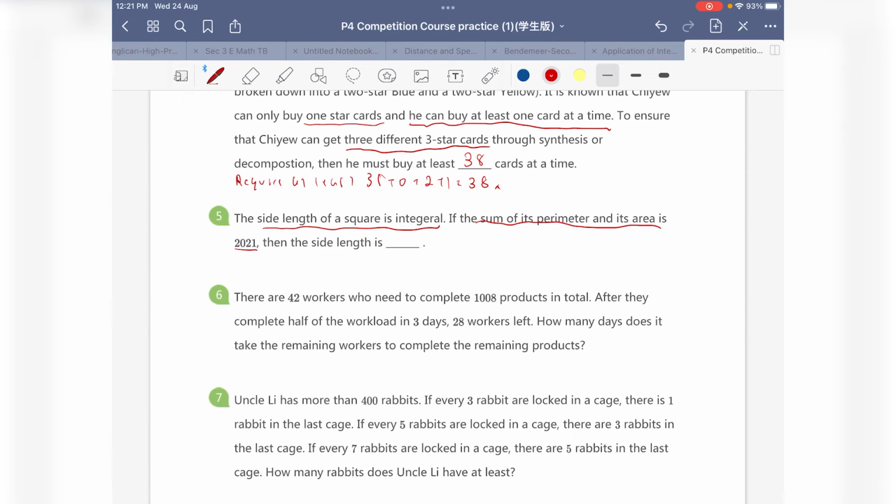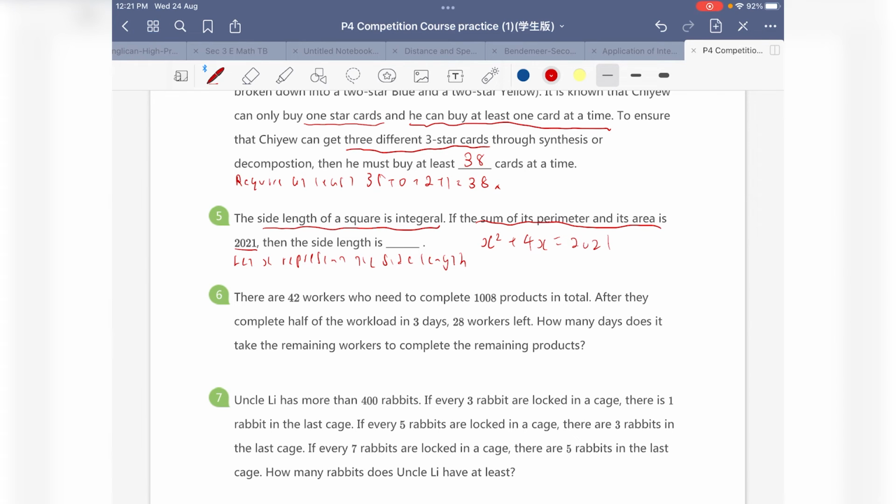So, in this case over here, we can let x represent the side length. So, what's the area in this case? The area will just be x squared, right? And what will be the perimeter? The perimeter will just be 4x. Alright? And this one would just be equal to 2021.